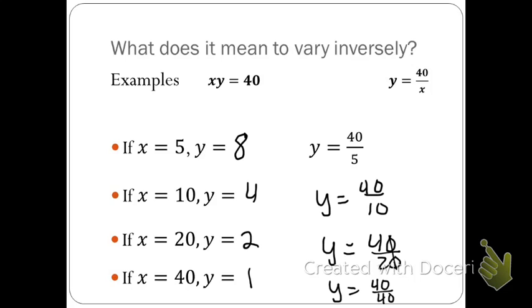These x values are going up from 5 to 10 to 20 to 40, while our y values are going down from 8 to 4 to 2 to 1. So as x goes up, y is going down. They're not going down necessarily by the same amount or up by the same amount. That's not what it's about, because k tells you how the two are related.